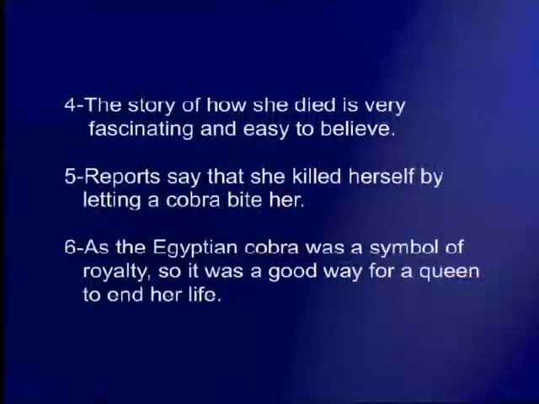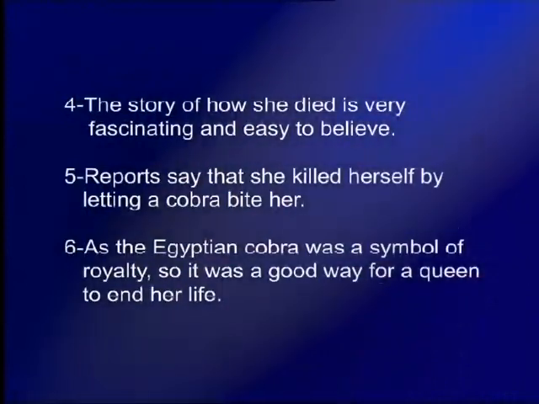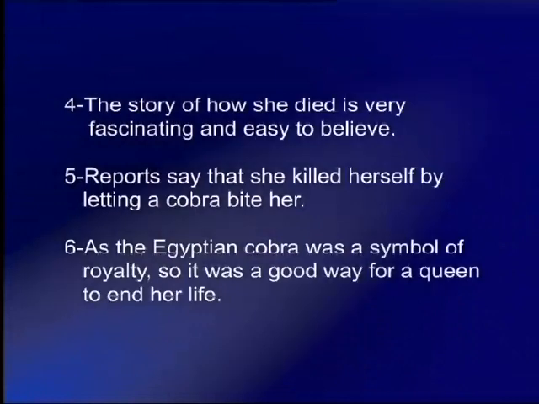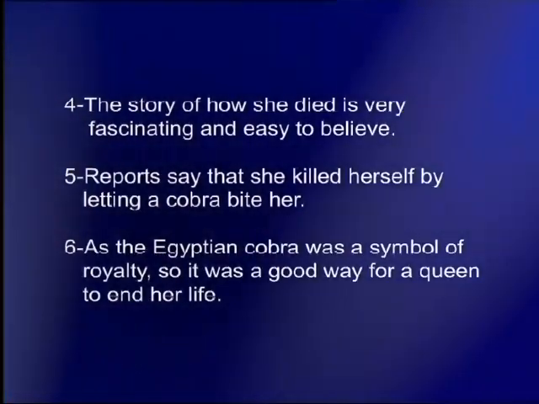And the last sentence. As the Egyptian cobra was a symbol of royalty, so it was a good way for a queen to end her life. It is a mixture of fact and opinion, because the Egyptian cobra was a symbol of royalty, and it is called the asp, A-S-P.